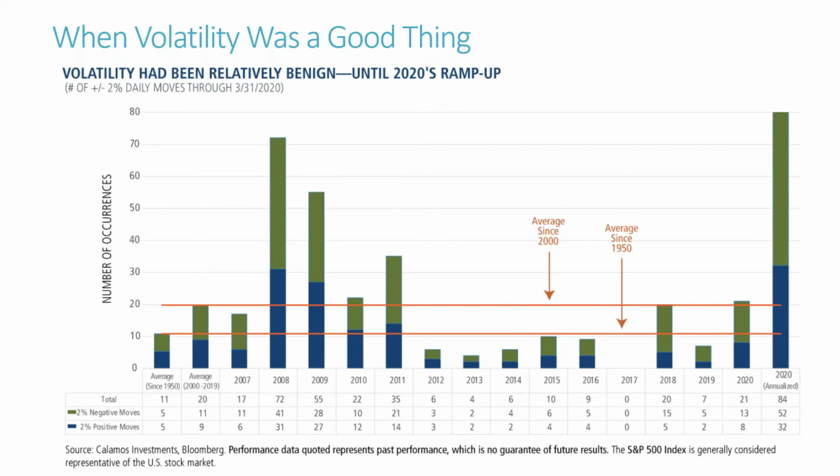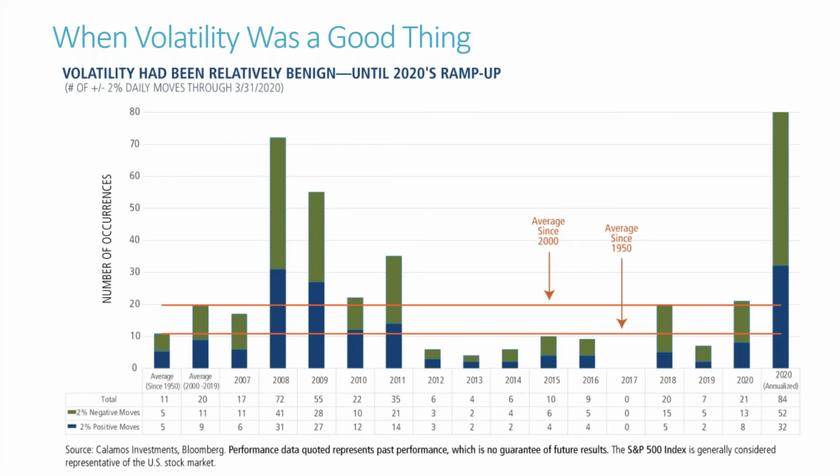So far this year, we are at 21. Now keep in mind that we've also had some of the historically largest swings, almost over 10% days in the market. This is just 2% moves, so in this case we may have had some more dramatic up and down movements and fewer pure 2% daily moves.